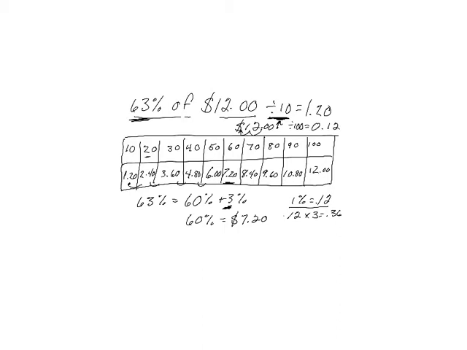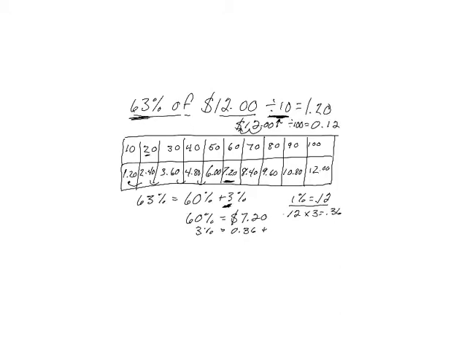All right, so now I just add that to my 720. So 3% equals 36 cents. I add that up. Let's see if I can move it up. No, I can't. Okay. Have to squish it in here then.